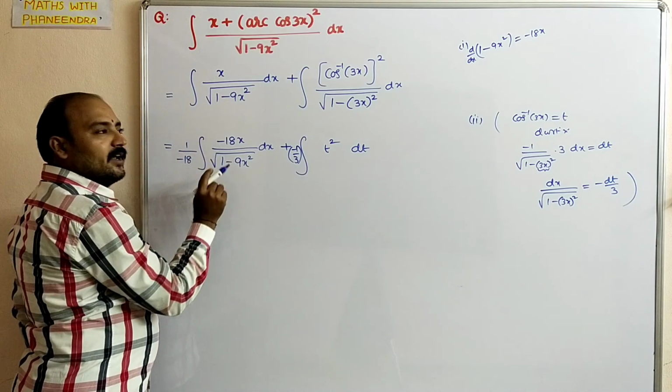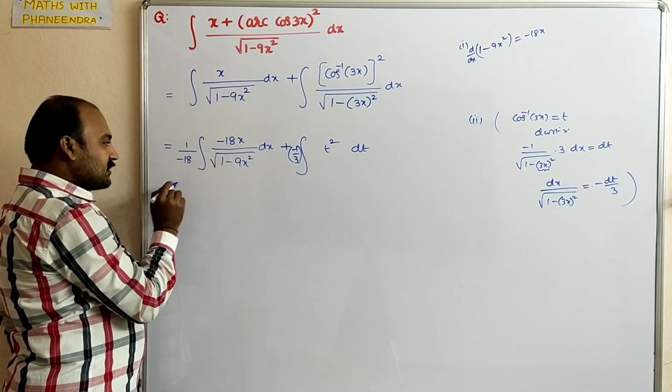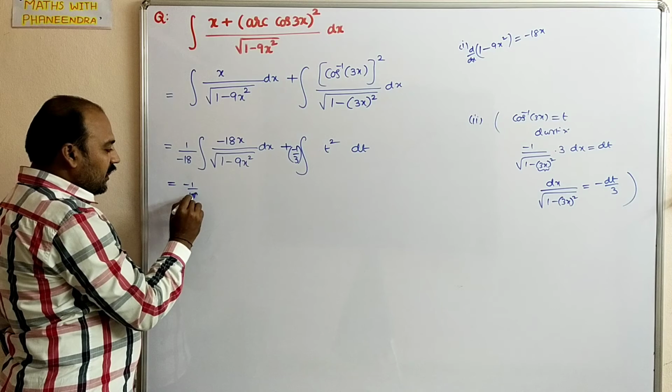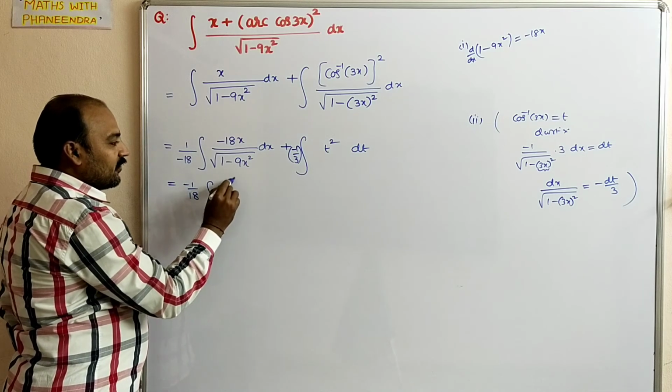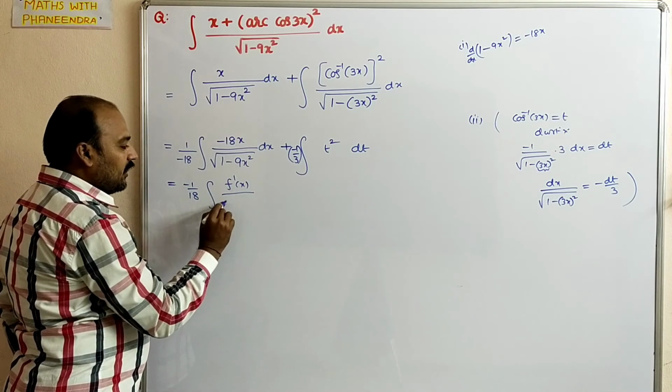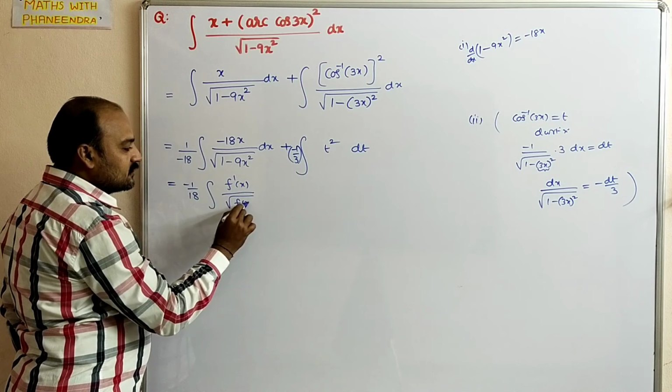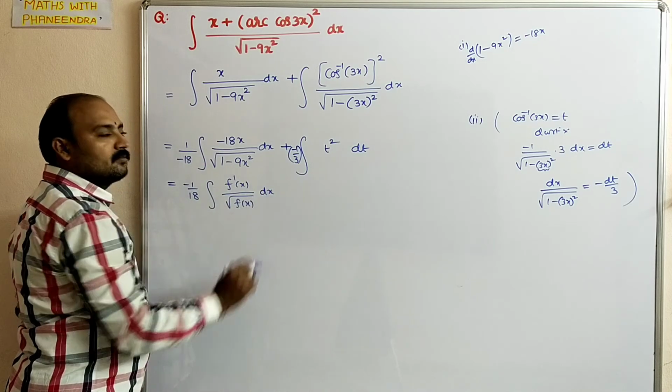In this, f dash of x by root f of x, minus 1 by 18 into integral f dash of x divided by root f of x into dx.